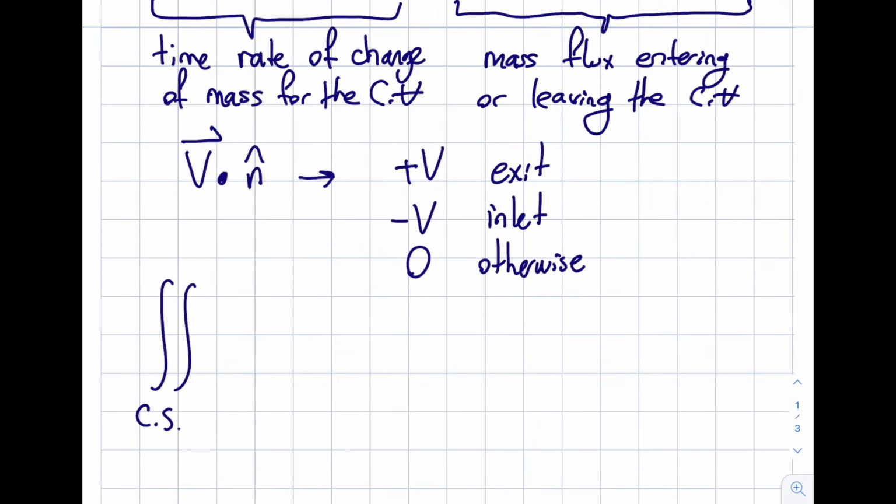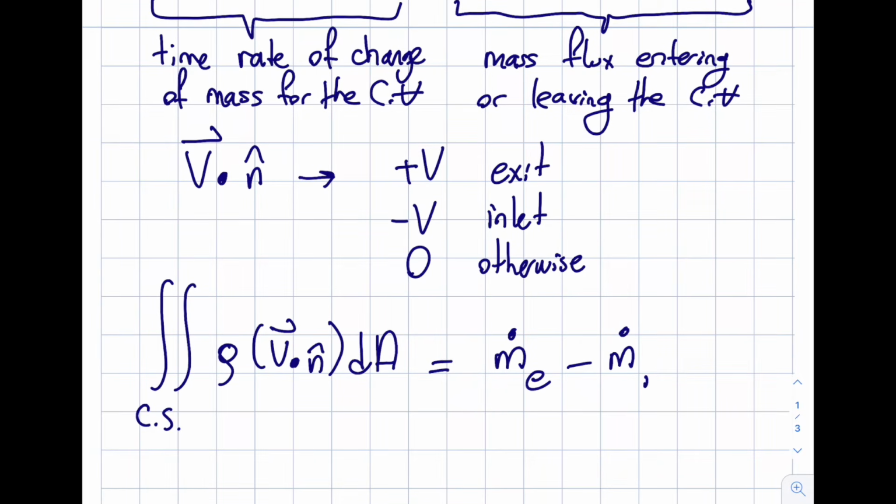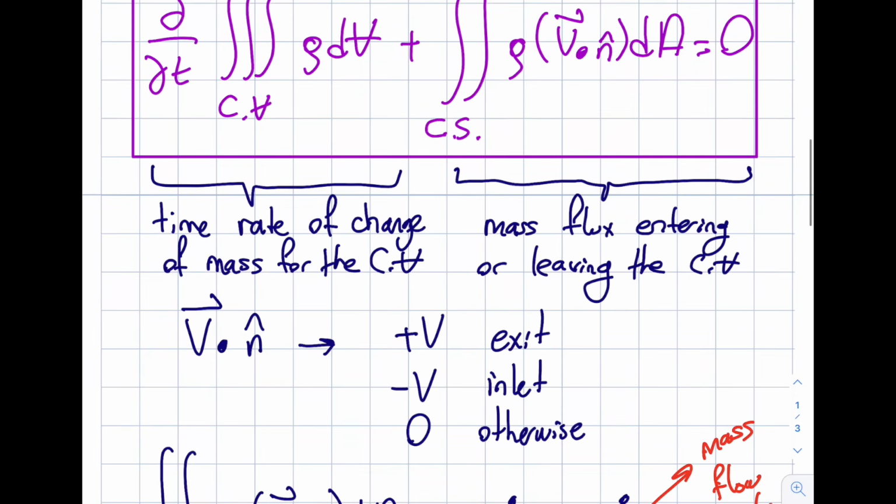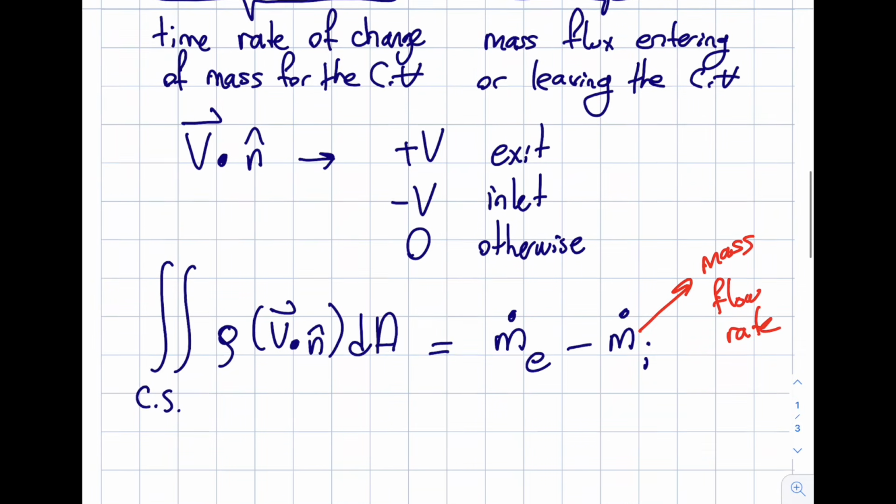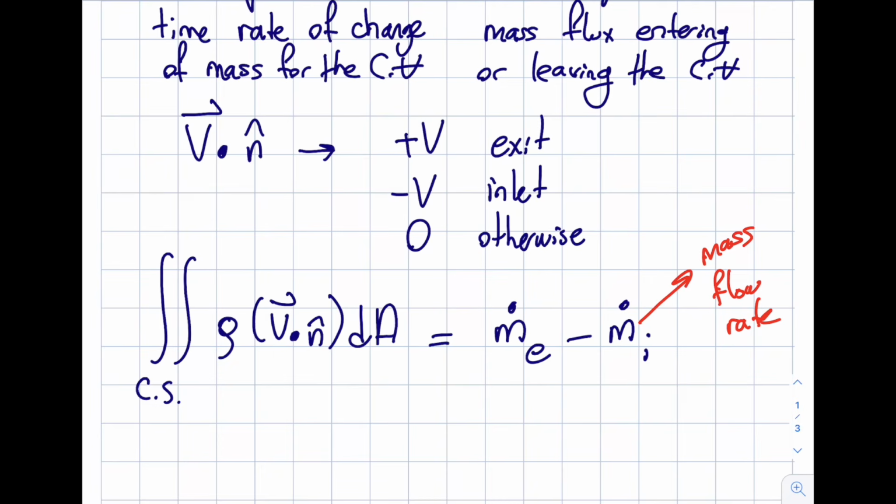So the last term, rho V dotted with n dA, can be written as m dot exit minus m dot inlet. And m dot is a very common terminology that I use. M dot is called the mass flow rate. Students start to celebrate when they see this because they think they get rid of the integral and just subtract one m dot from another.